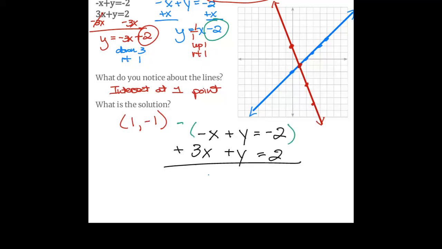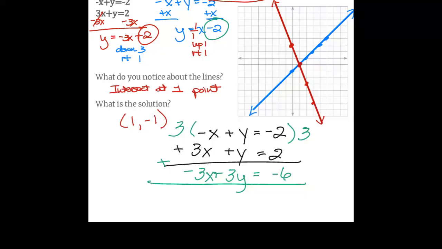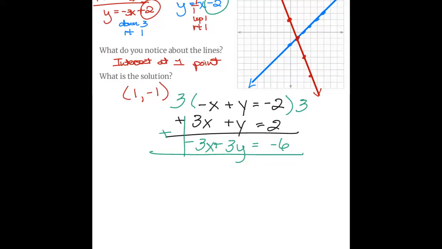I'm going to multiply this by positive 3, which gives me negative 3x here, 3y here, and negative 6 here. Add these together, and the x's cancel out. I always box it and cross it out. You don't have to do that. Y plus 3y is 4y equals 4. So y is equal to 1.